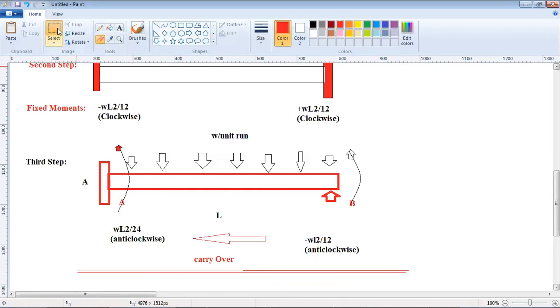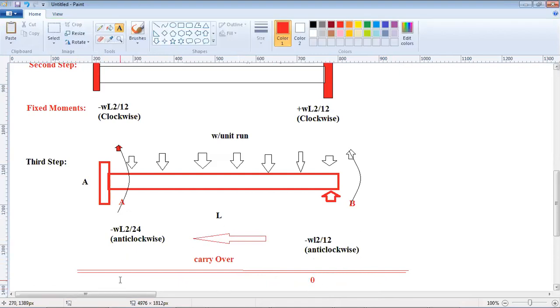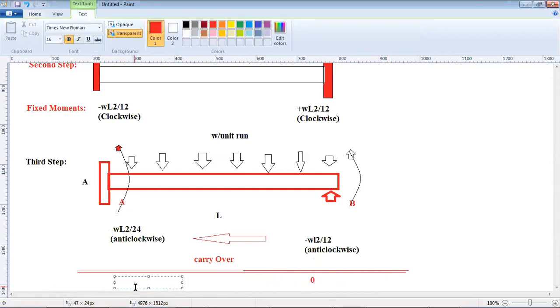This overall is 0: plus WL square by 12 minus WL square by 12 is overall equal to 0. Now at this end, it's minus WL square by 12 minus WL square by 24.